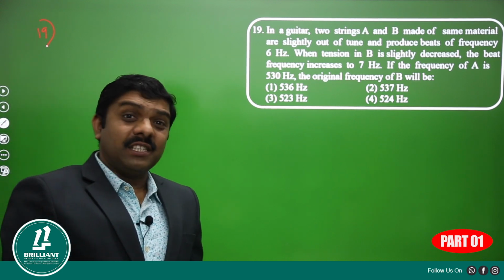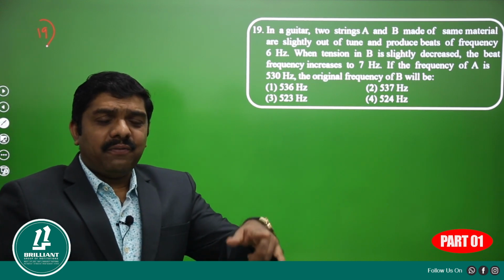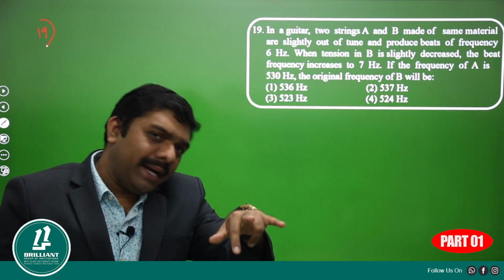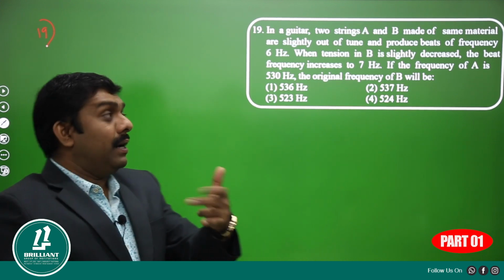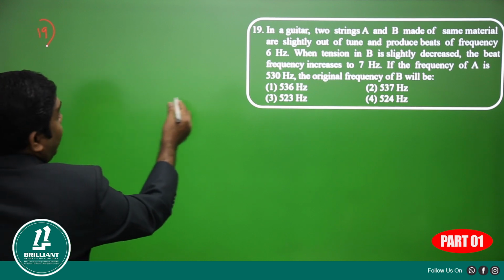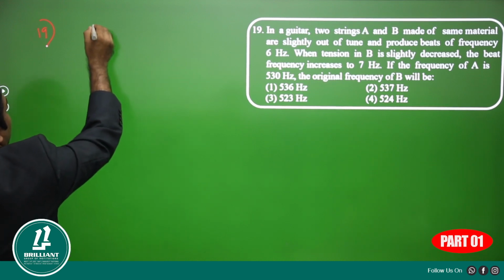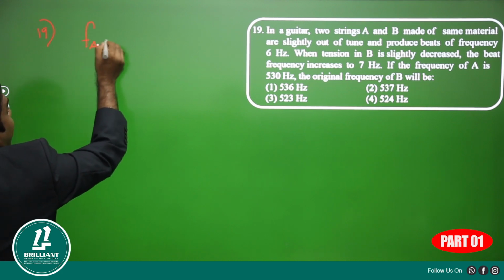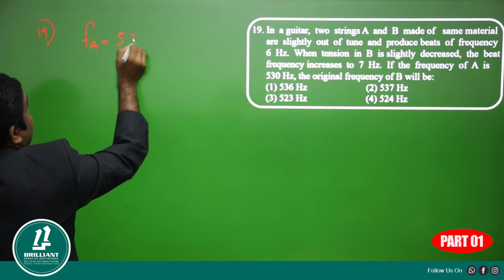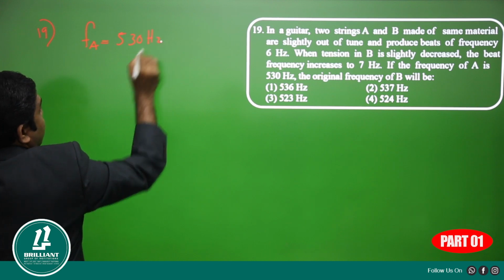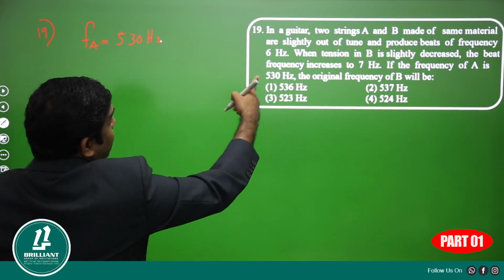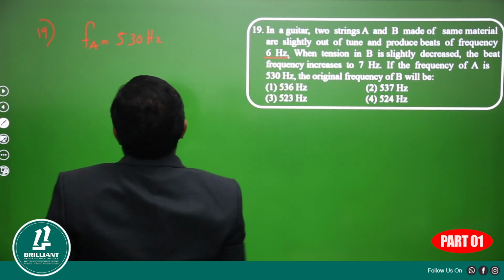First of all, beat frequency means F1 minus F2. Here the original frequency of A is given, that is 530 Hertz, and the beat is given as 6 Hertz.